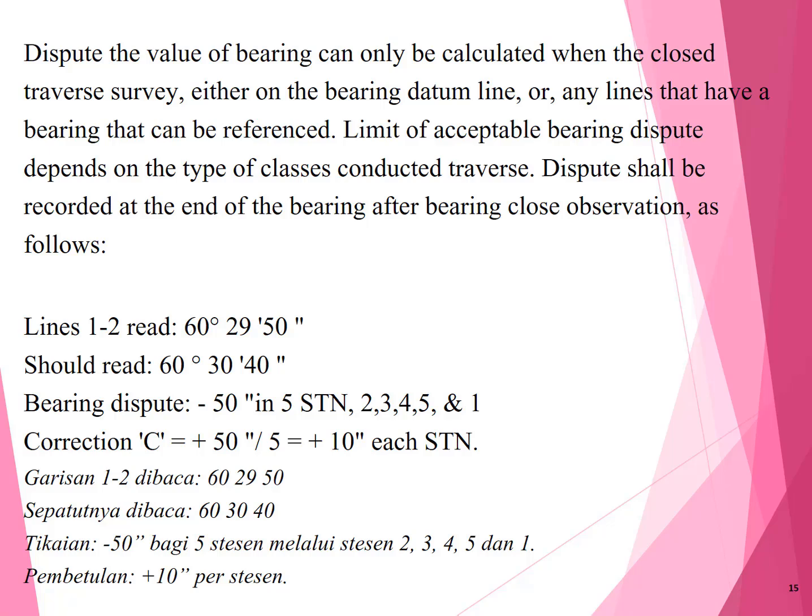Bearing dispute minus 50 seconds in 5 stations: 2, 3, 4, 5 and 1. So the C correction equals plus 50 seconds divided by 5, equals plus 10 seconds for each station.